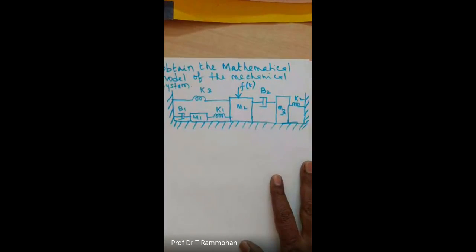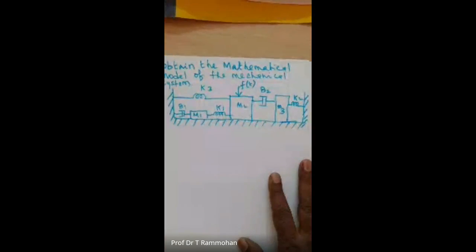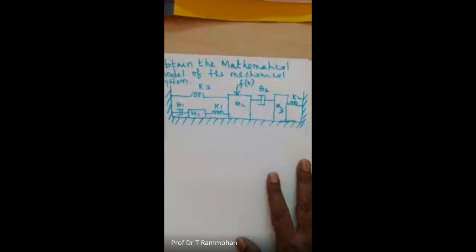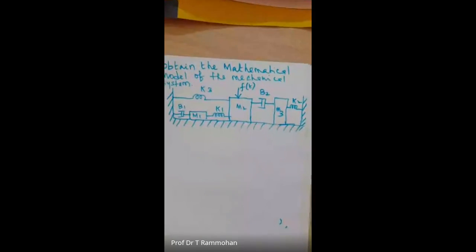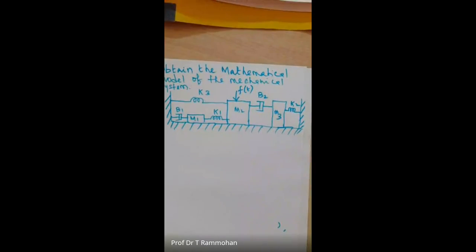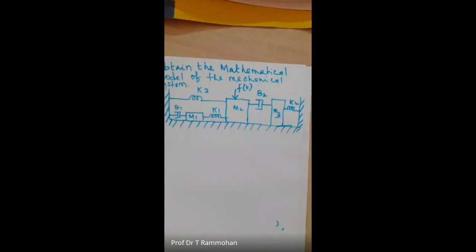Whenever there is movement in videos, it will not be clear. Once you draw the diagram, please tell me, so I can stop displaying the video.